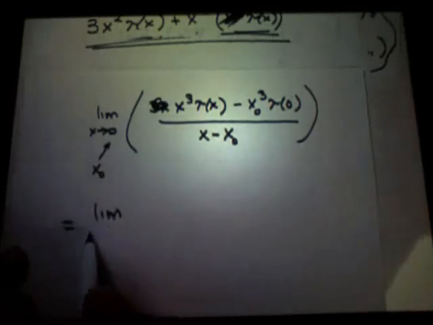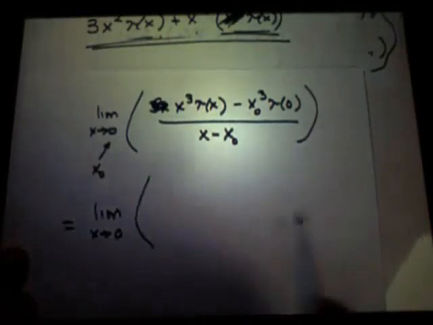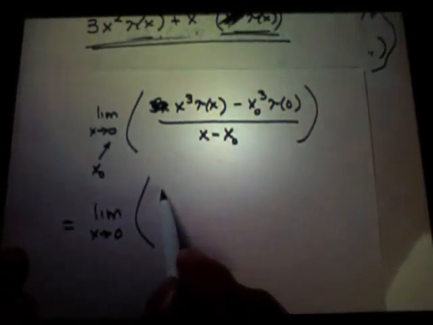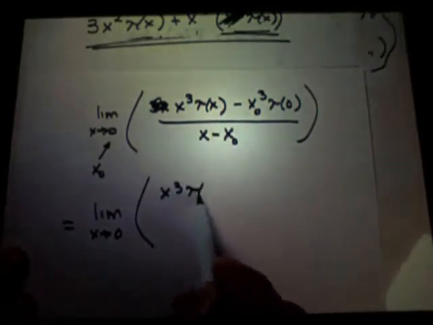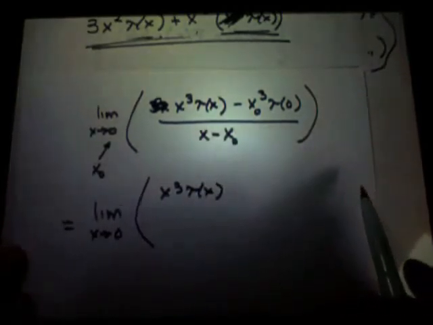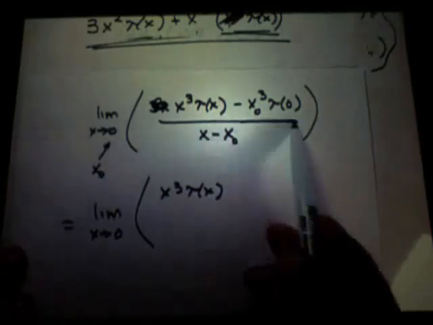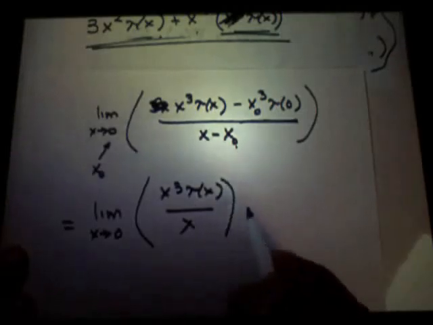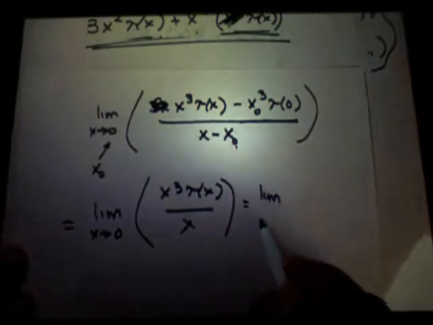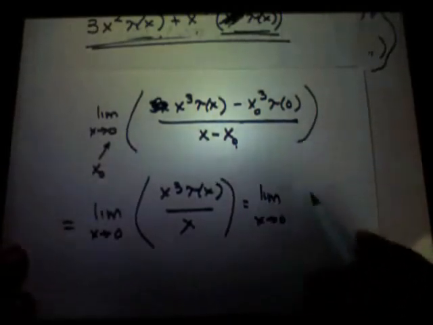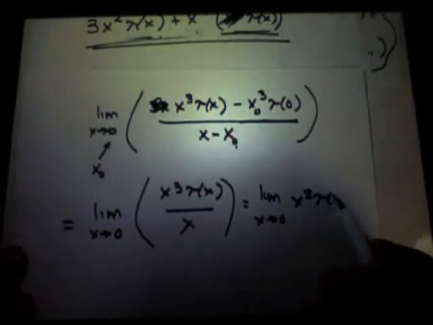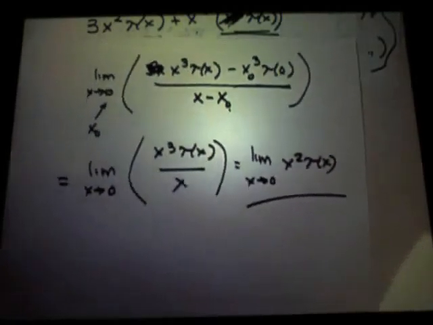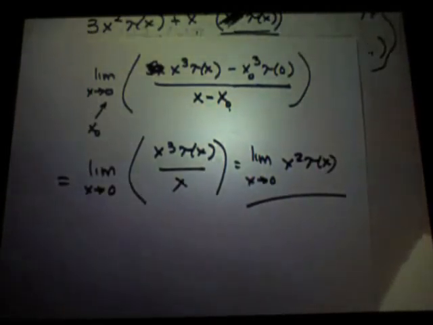That's the limit as x goes to 0 of x cubed tau of x, that's 0, over x, but that baby's going to have a limit, namely 0.